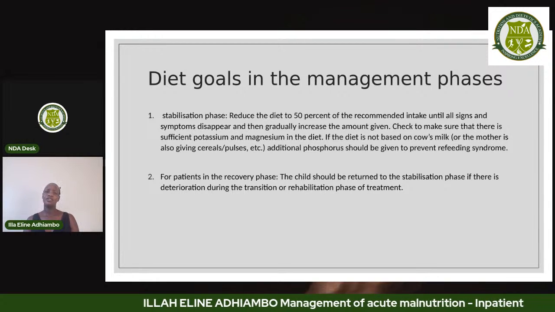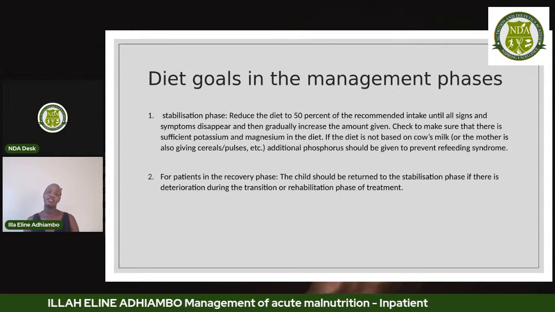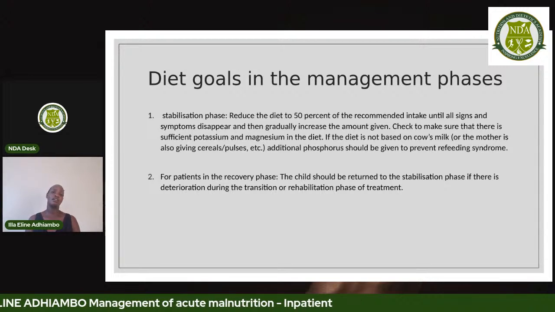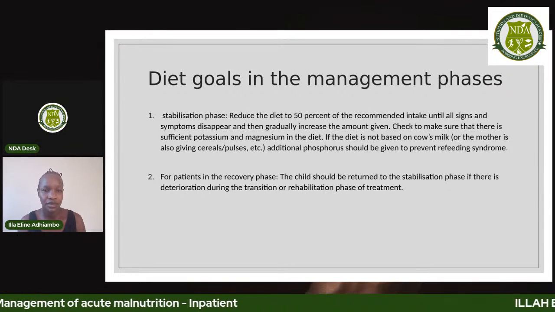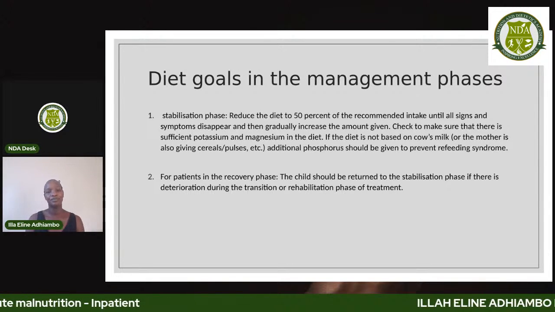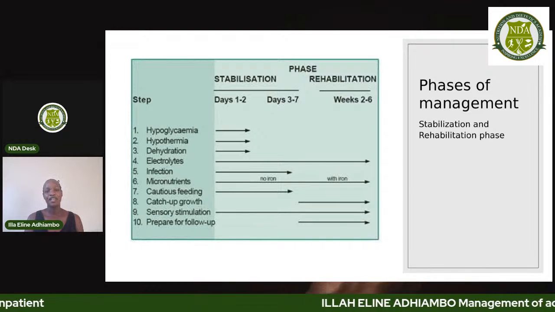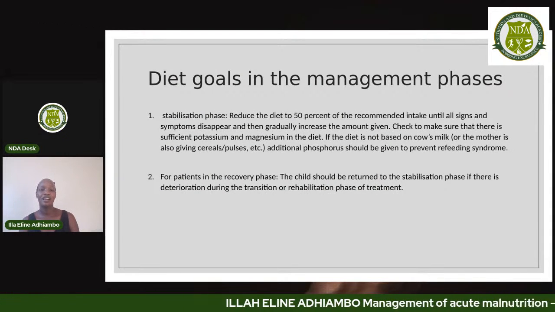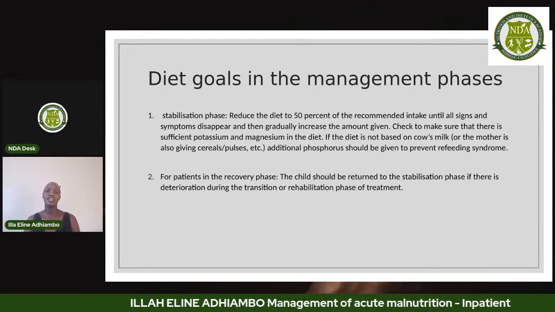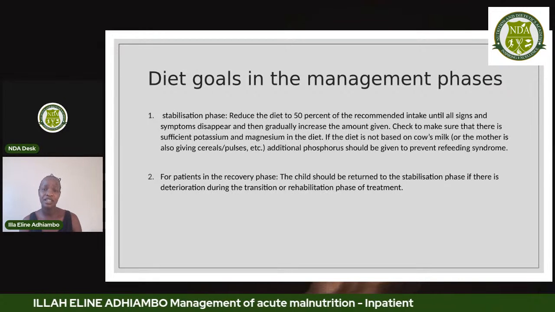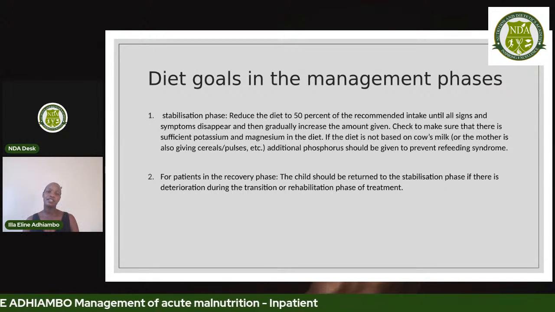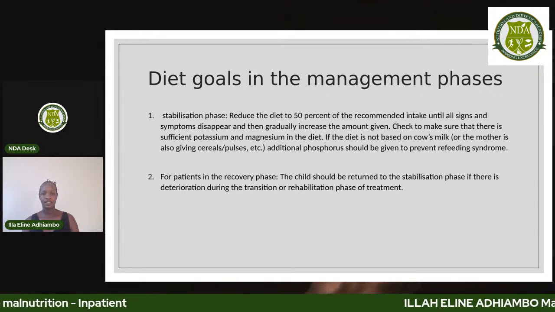So the goals in the management, that is the stabilization phase and the rehabilitation phase, are to reduce the diet to 50% of the recommended intake until all signs and symptoms disappear, and then gradually increase the amounts given.